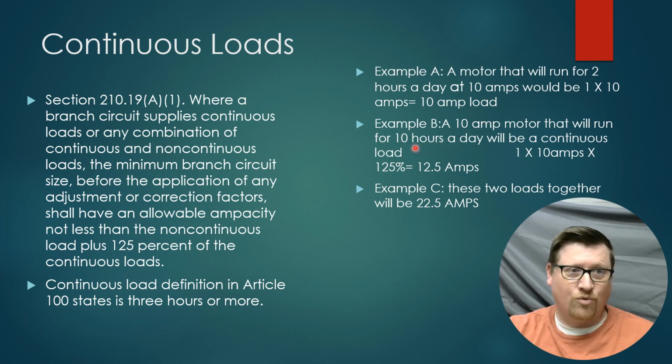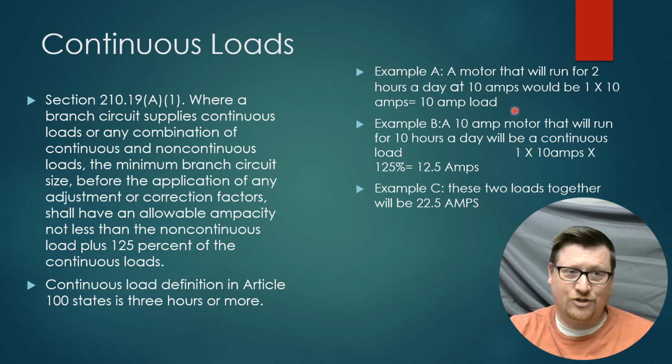If that motor was to run 10 hours a day, and it's a continuous load, we're going to take that 10 amps and multiply it. One motor times 10 amps times 125%, or 1.25, and you're going to get 12.5 amps.